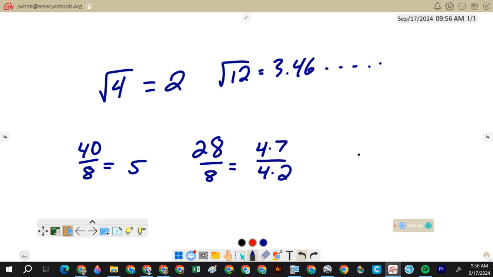Does that make sense? So 28 is 4 times 7, 8 is 4 times 2, and what is 4 divided by 4? It's just 1, so this becomes 7 over 2. So sometimes fractions don't come out evenly, and yet they still simplify.